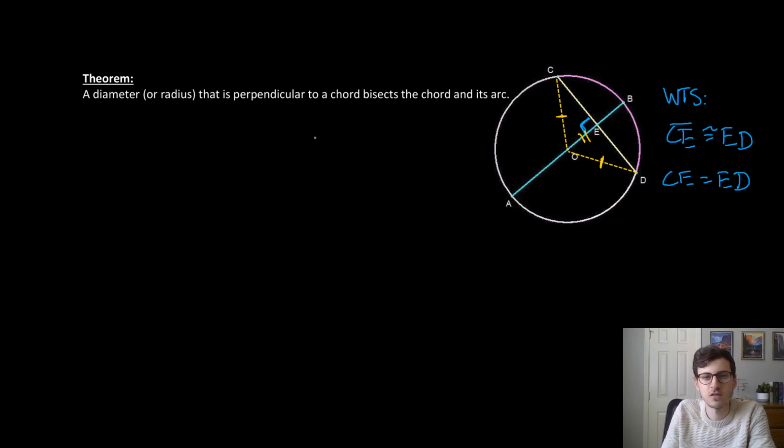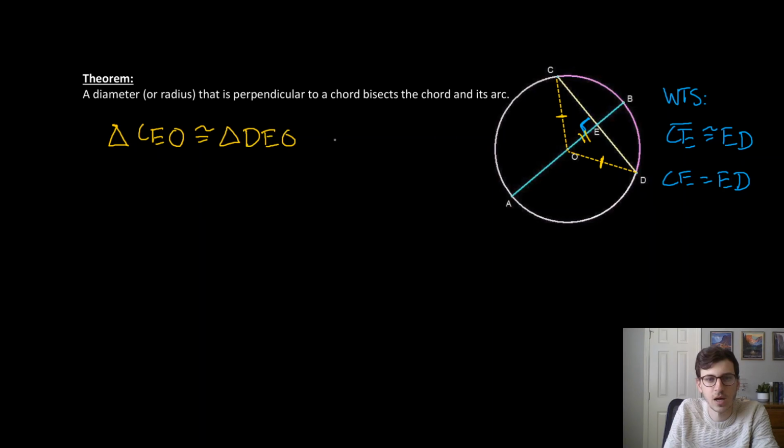So we're not really saying a lot, but I know that triangle CEO is congruent to triangle DEO by hypotenuse leg.